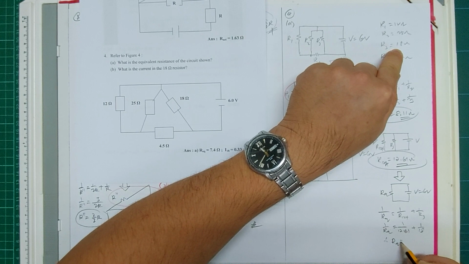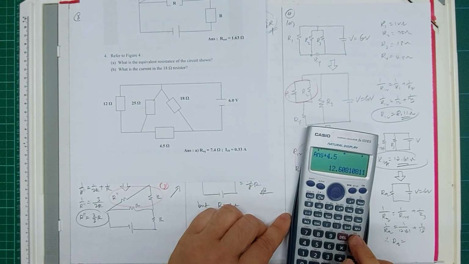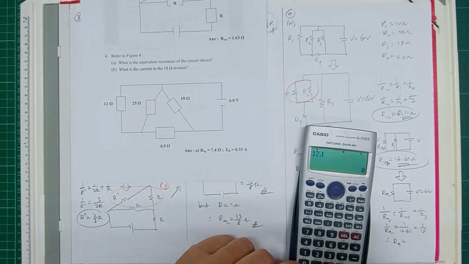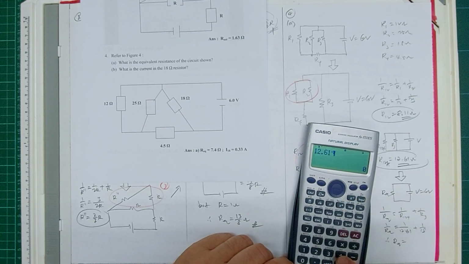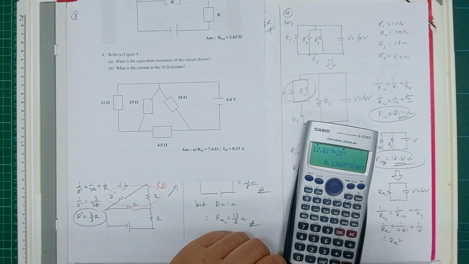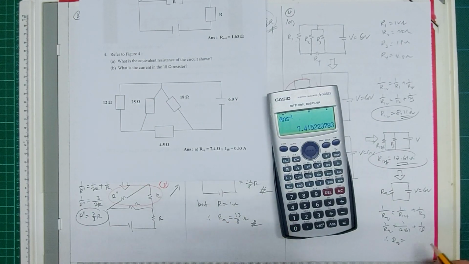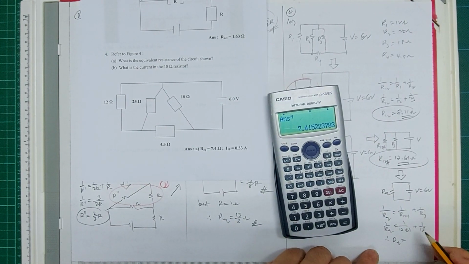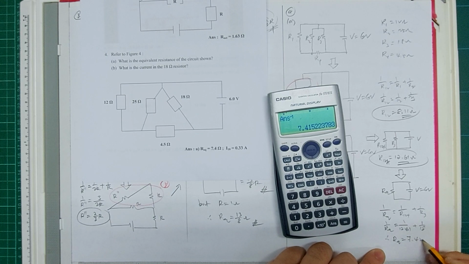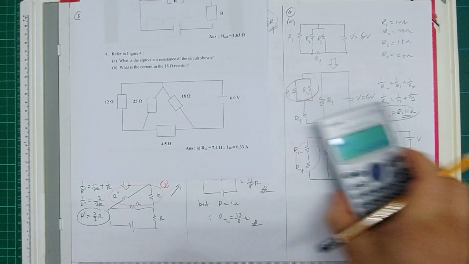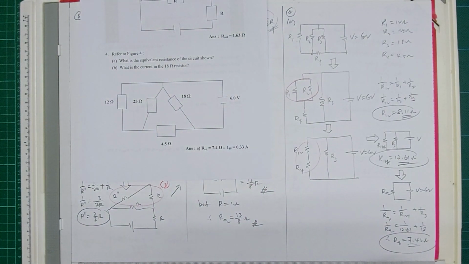Okay, so our equivalent value, see what do we get? 12.61 plus 18, this one, and our answer, this one. So we got 7.42 ohm. Alright, 7.42 ohm. Okay, for all this diagram here, you get that tiny answer.